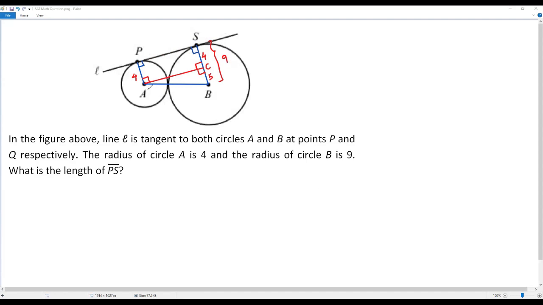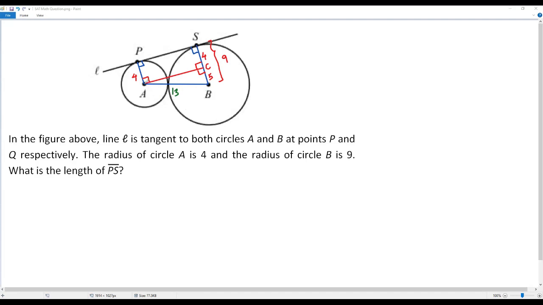Now let me consider the line segment AB, which connects the centers of two circles. In this line segment AB, this part represents the radius of circle A and its length is 4. And this part represents the radius of circle B, its length is 9. To get the length of AB, I have to add the radius of circle A and the radius of circle B. That is 4 plus 9 is 13. So the length of AB is 13.